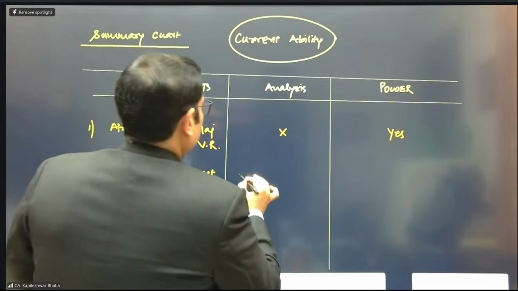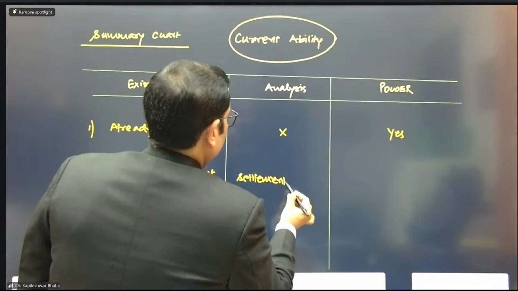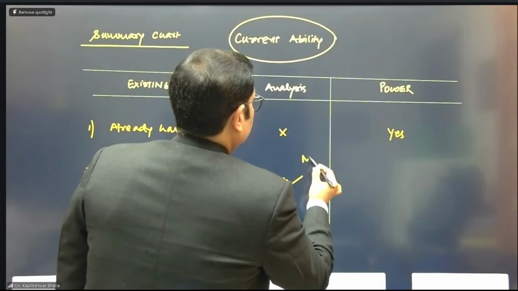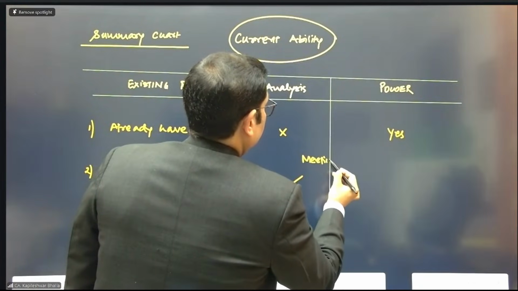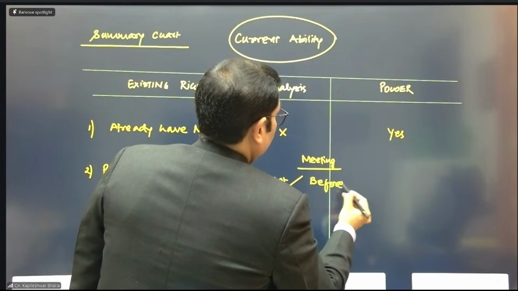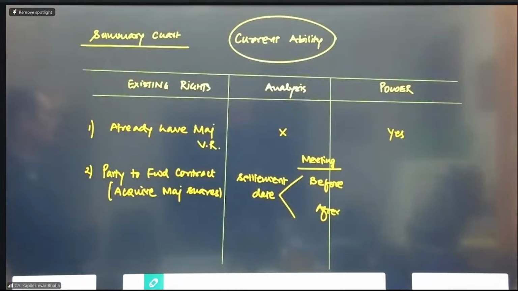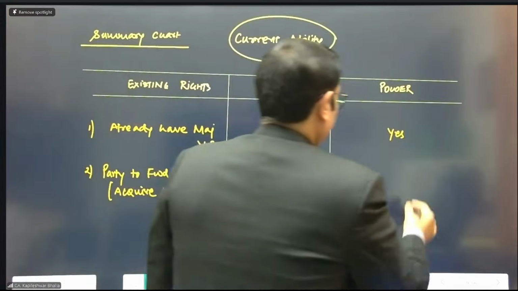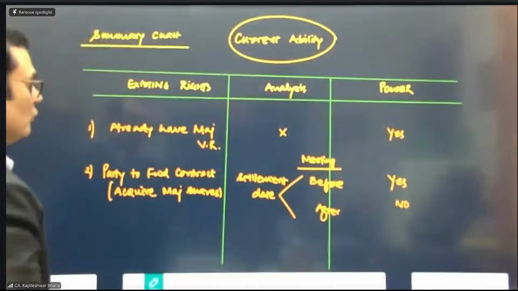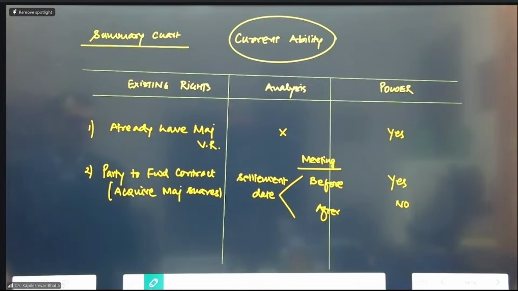The only thing I'm going to see is the settlement date. Is the settlement before the meeting or after the meeting? If the settlement is before the meeting, then we get power. If it is after the meeting, of course, no power. So a forward contract only requires the assessment of when you are going to settle.